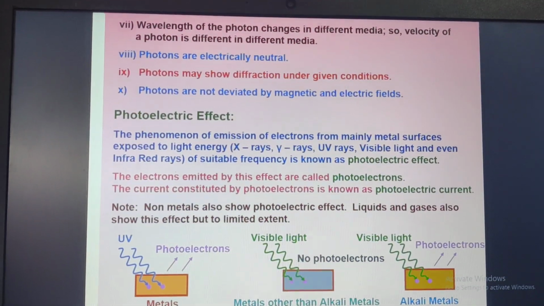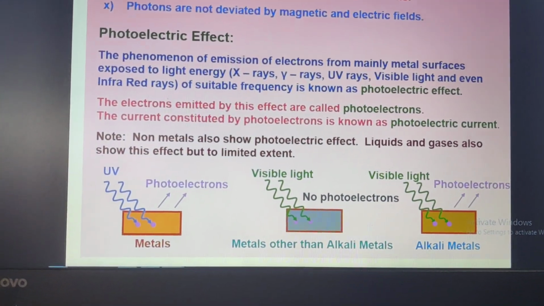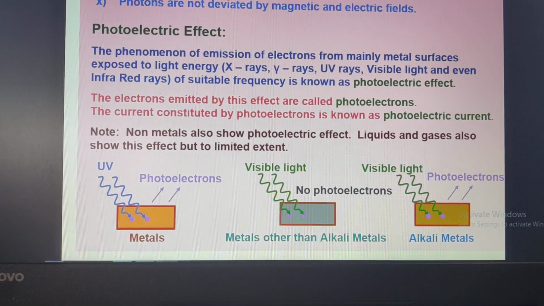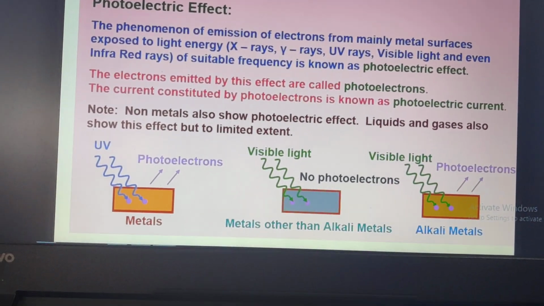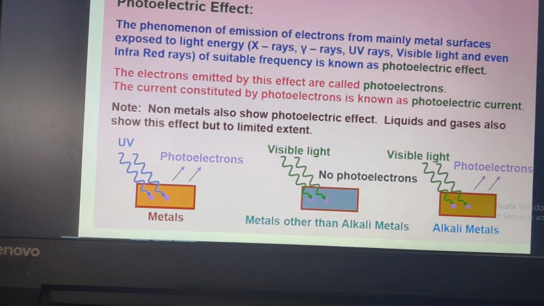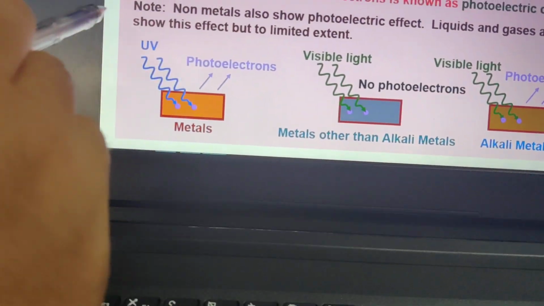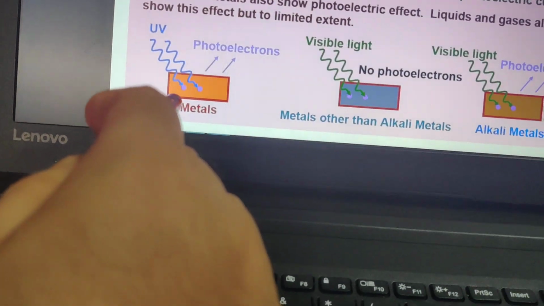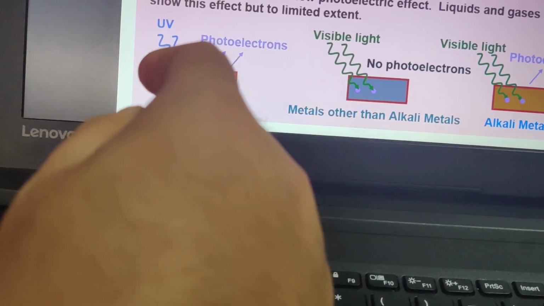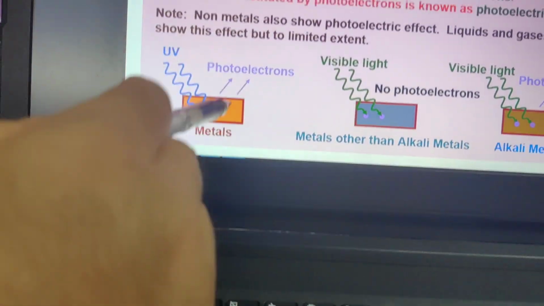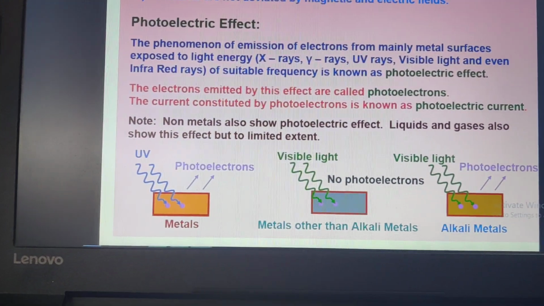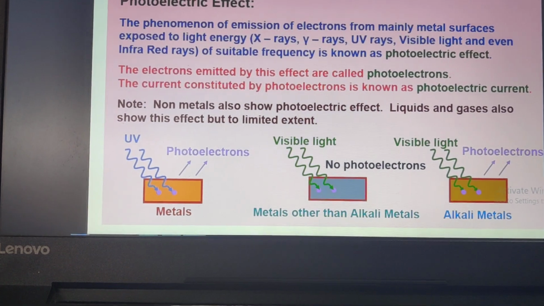Next we move on to the particular behavior of the photoelectric effect, where UV light is irradiated on metals and photoelectrons are emitted.